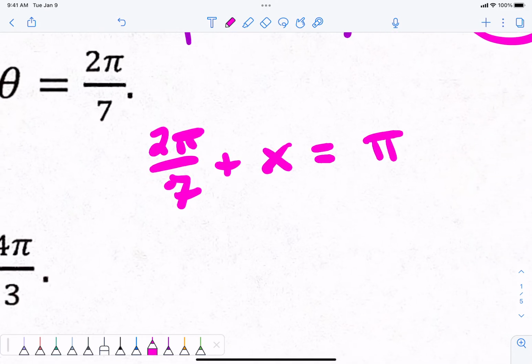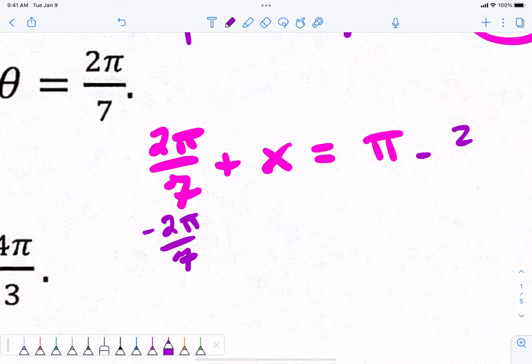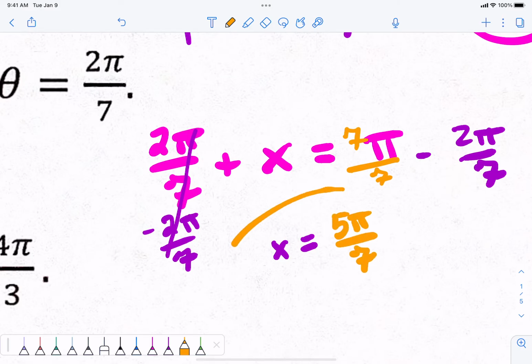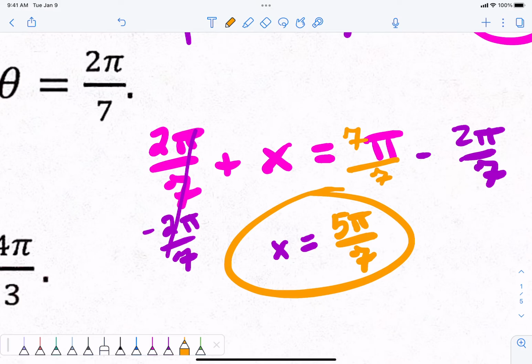How do I solve for x? Subtract 2 pi over 7. I have to find a common denominator: 7 pi over 7 minus 2 pi over 7 is 5 pi over 7. Exactly. Beautiful.